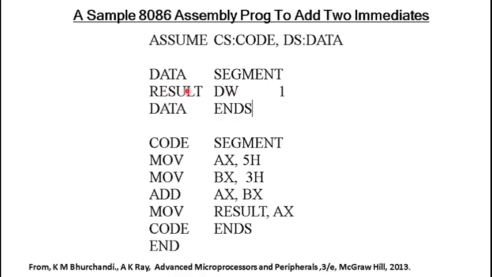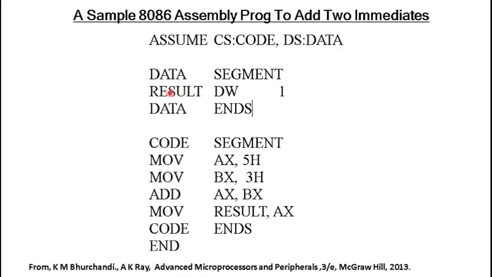So what we do is we foresee that, and we decide that we will have separate space in RAM to store our result. Within the data segment we will write a label named result. It's a user-friendly name, and maybe I'll define a word space, that is 16 bits, for that. How many words you define, you have to specify over here.